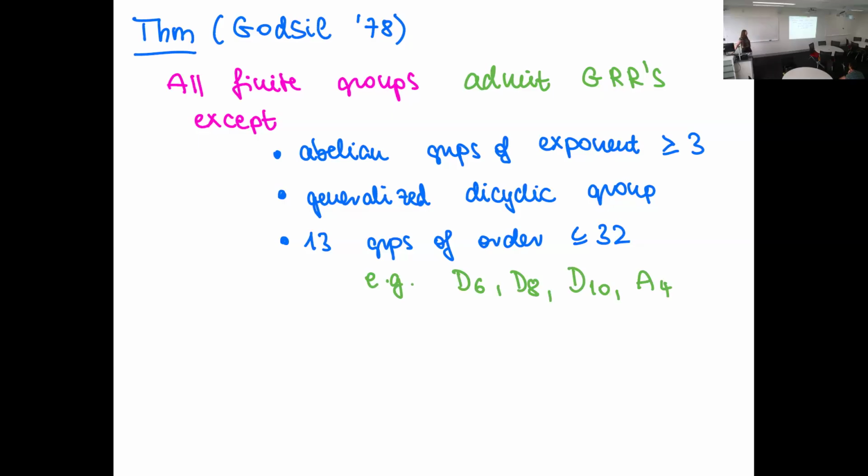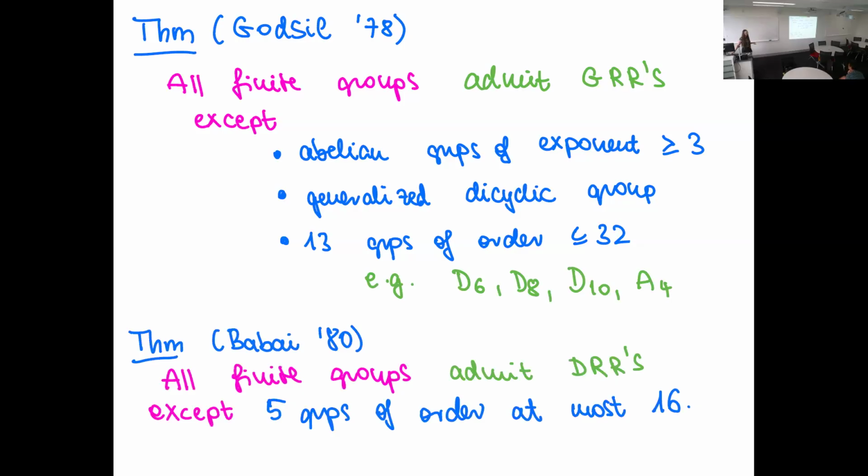But if you think back to the C7 example, then the next result might make sense, because Babai proved in 1980 that all finite groups admit DRRs, except 5 groups of order at most 16. So like these abelian groups and generalized dicyclic groups here will disappear, and the 5 groups of order at most 16 will be these.